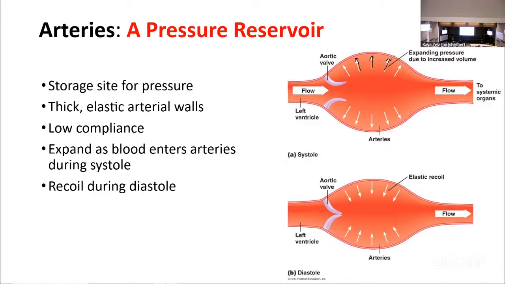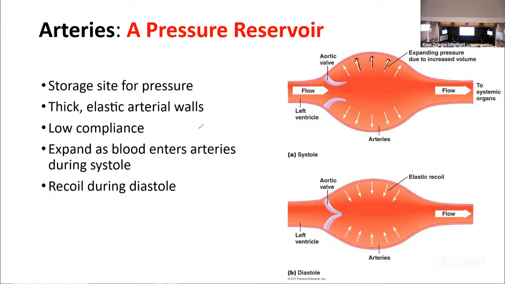So they're expanding in response to this increase in volume as the heart is pumping out blood. They're essentially holding and storing pressure in that wall. They've expanded, but they're ready to bounce back. They're ready to snap back down once that inflow of blood is gone.